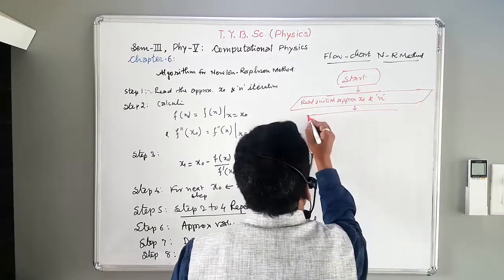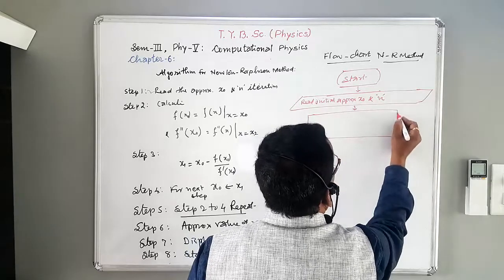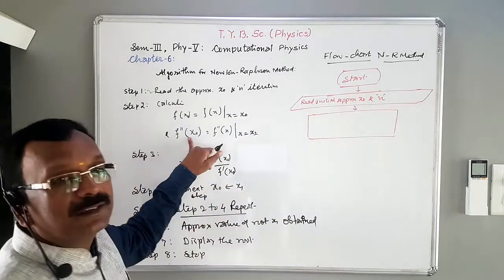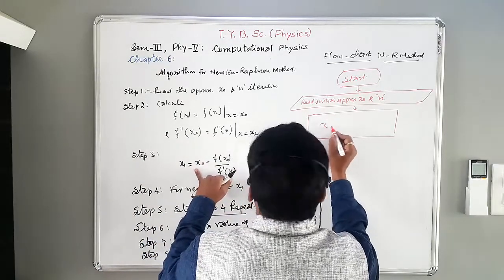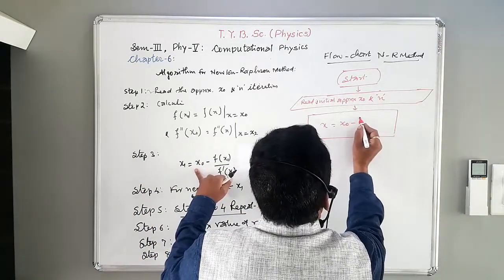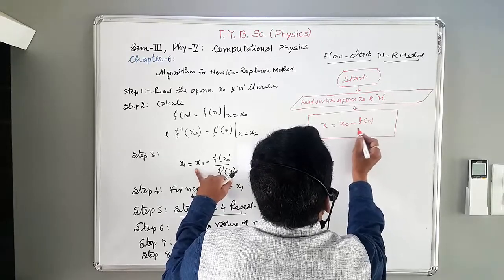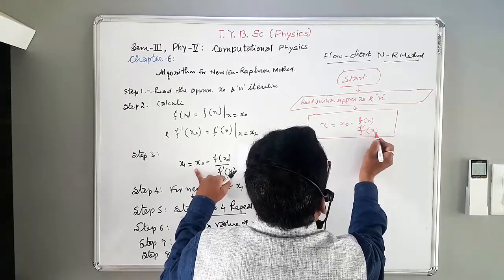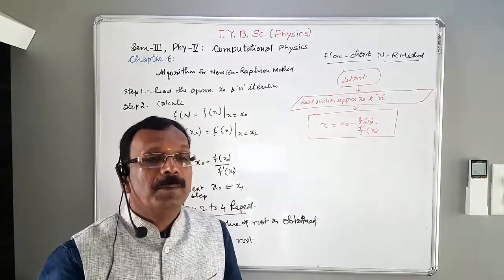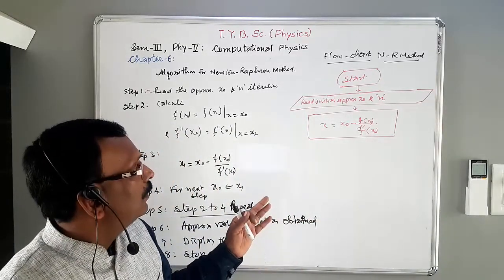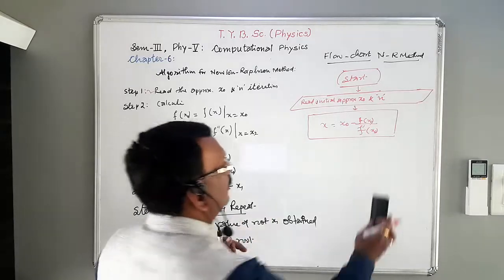Then in the next block, what do we have to calculate? Sorry, not here.